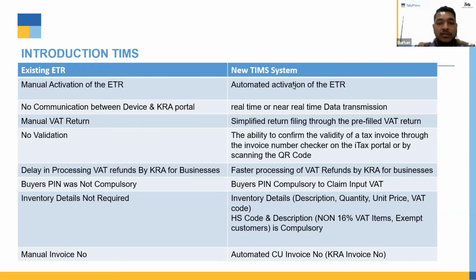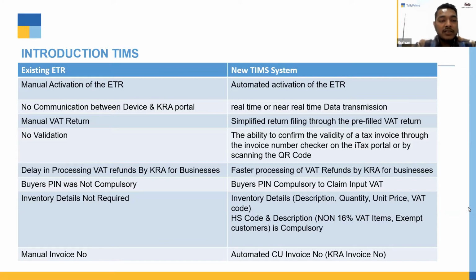On the new TIMS machine, there's real-time or near real-time data transmission. So all your data in the system gets transmitted to the KRA portal. Here it's manual VAT return on the existing ETR. On the TIMS one, it's simplified return filing through pre-filled VAT return.